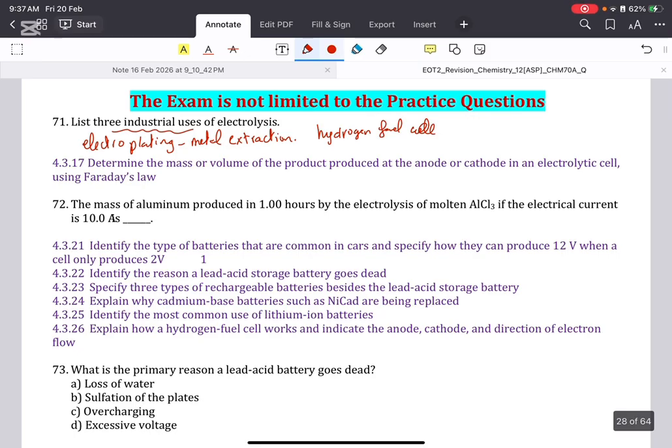Moving on, the mass of aluminium produced in 1 hour by the electrolysis of molten aluminium chloride, if the electrical current is 10 ampere, is how much? Now, to solve these questions, you have 2 ways. You either memorize the formula that I gave you in class, or you can use the units.